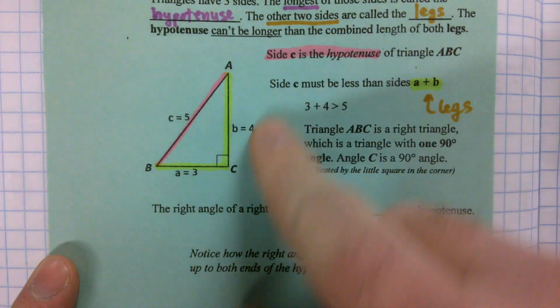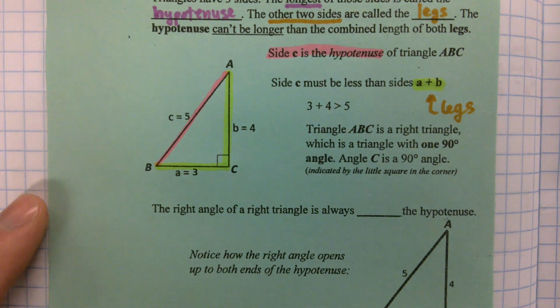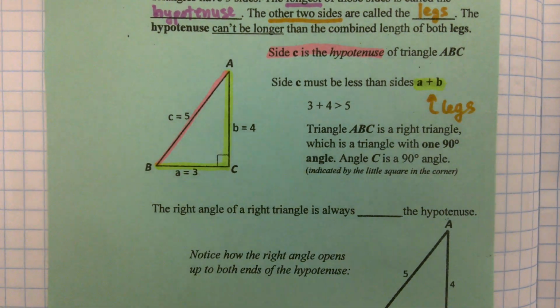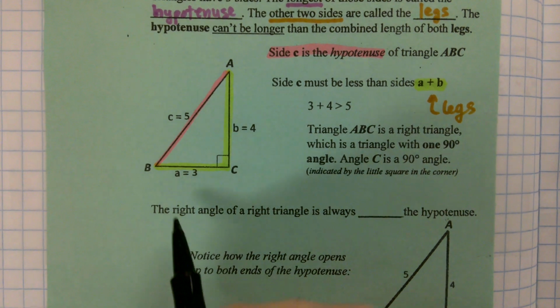Just by looking at this, what about this triangle tells us this is a right triangle? Yeah, Vincent, you remember? It has a right angle.